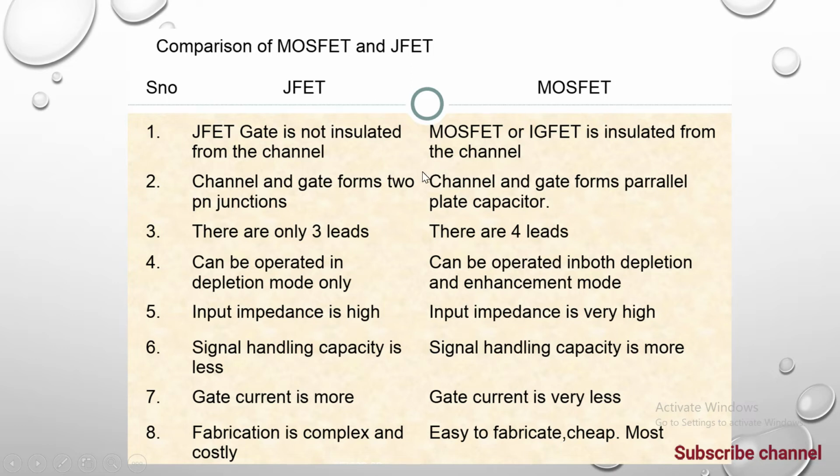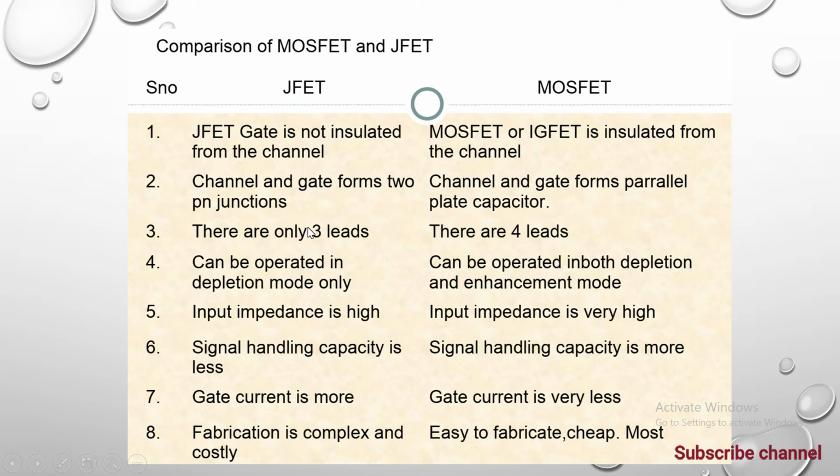In JFET, channel and gate form a p-n junction, but in MOSFET channel and gate form a parallel plate capacitor. There is a silicon dioxide layer between gate and channel, and it acts as a dielectric medium. That's why we call this arrangement a capacitor.